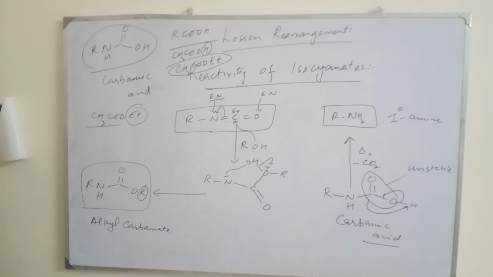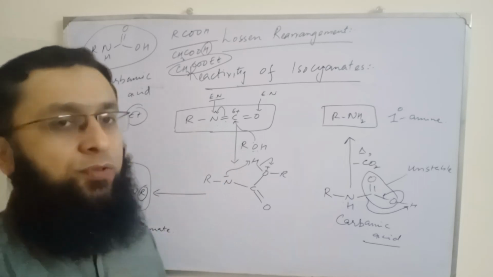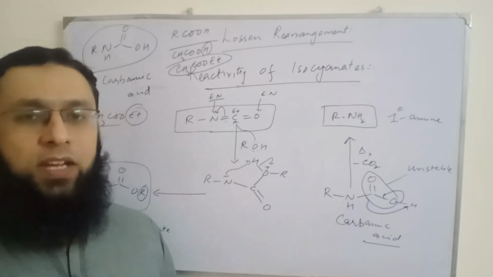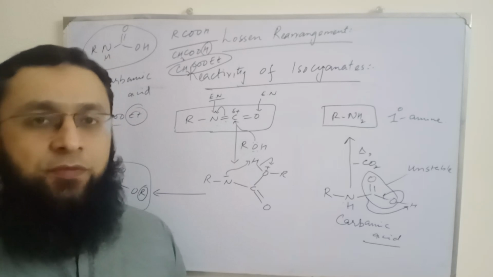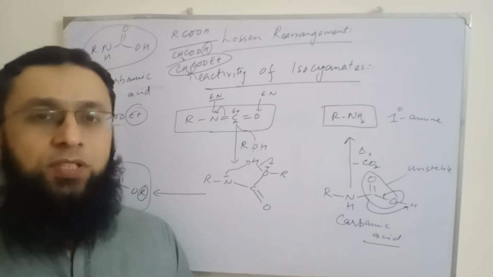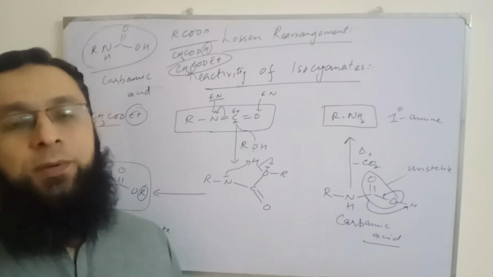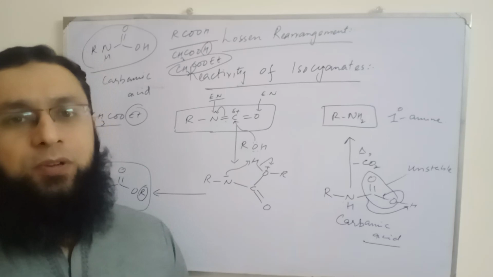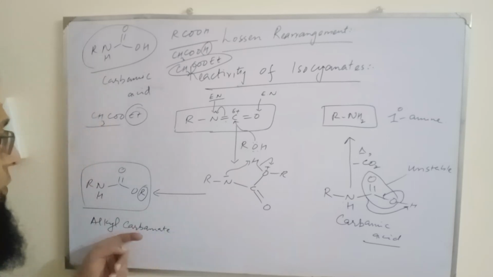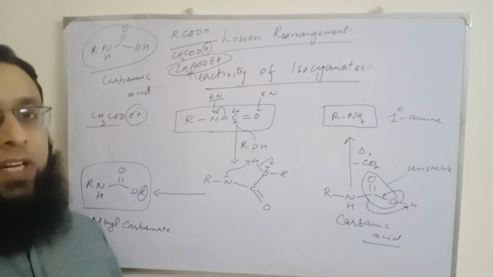So isocyanates are very important synthetic intermediates which can be used to bring about a lot of organic conversions. And if water is used, we get carbonic acid, which is unstable acid and loses carbon dioxide to form primary amine. And if it is treated with alcohol, so we get carbamates as product, and if it is treated with amines, we get urea derivatives.